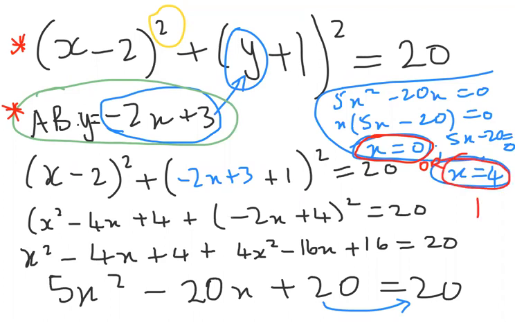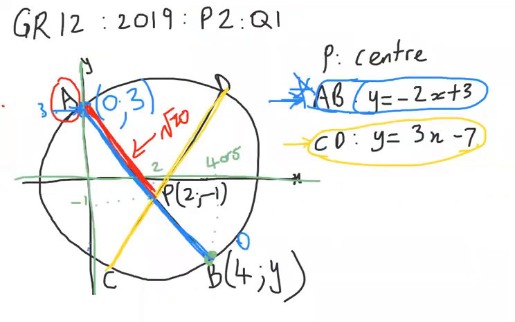We decided on x equals 4, and now that x equals 4, I'm going to put it back into this formula to find y. You can do it in the big formula, but that's just too big. So I'm going to put it in the line formula to find y, and that y will then be this y over here.